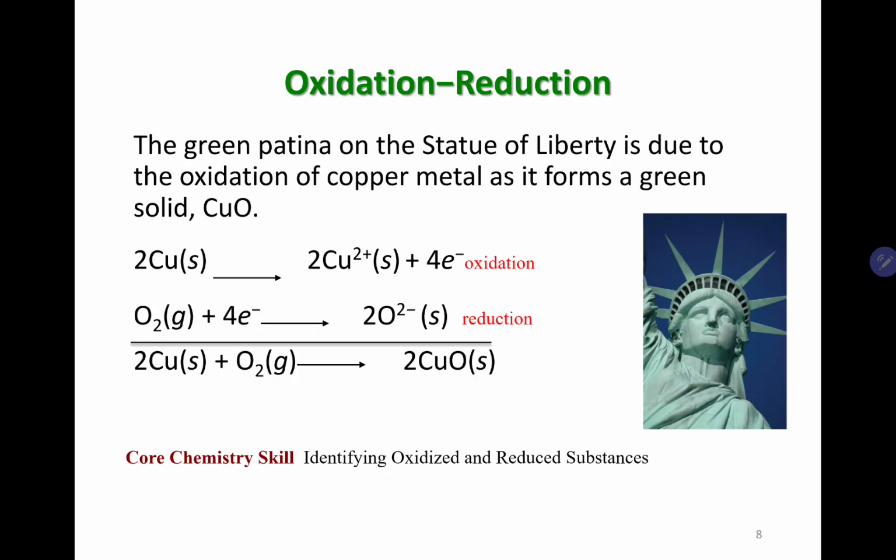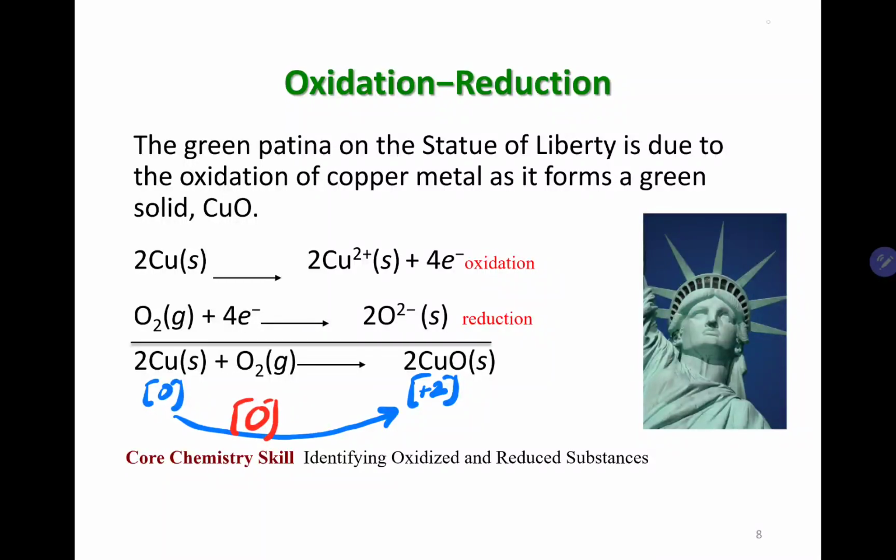Copper metal has an oxidation number 0, and the copper in copper oxide has a plus 2 oxidation number. So the oxidation number has increased from 0 to plus 2, which means this is an oxidation.